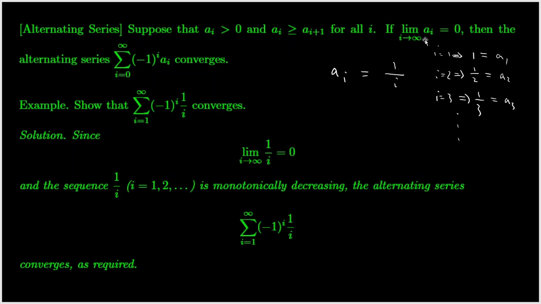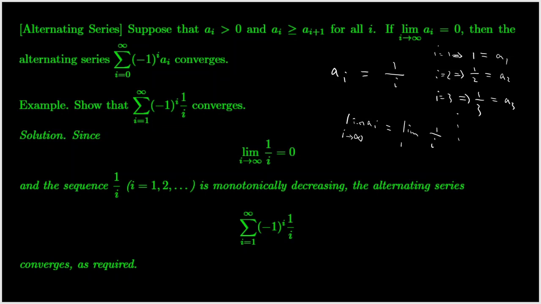And also the last condition is probably the most important condition. You check the limit of a_i. So we compute the limit of a_i as i approaches infinity. In this particular case, we're trying to compute the limit of 1 over i. Each value of a_i is 1 over i, right?